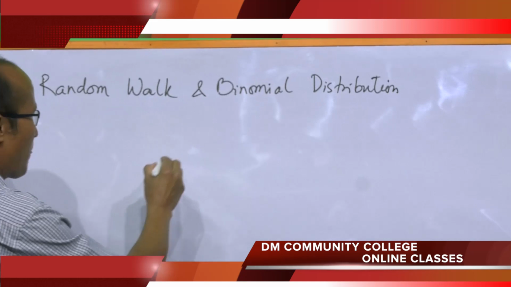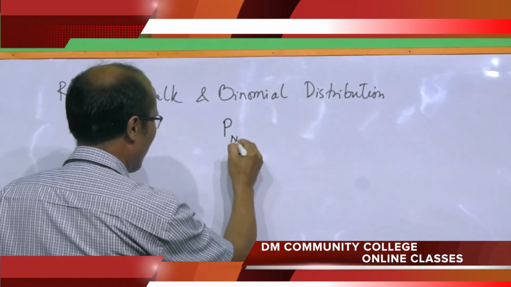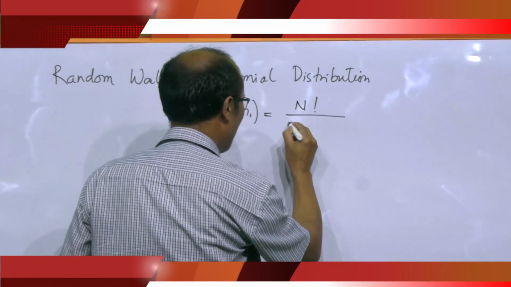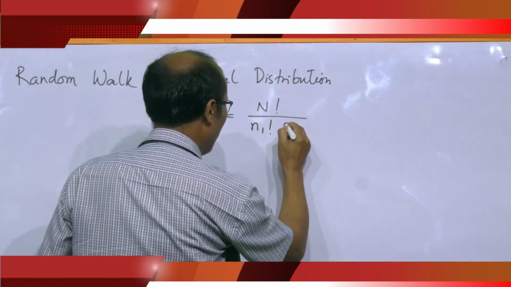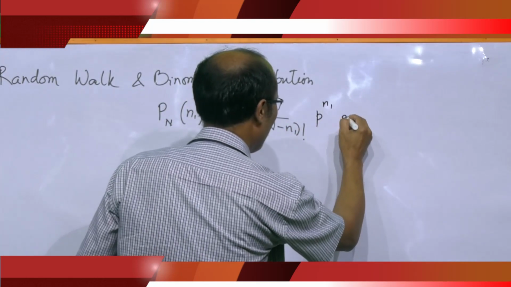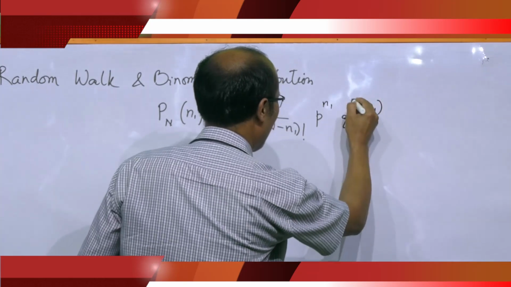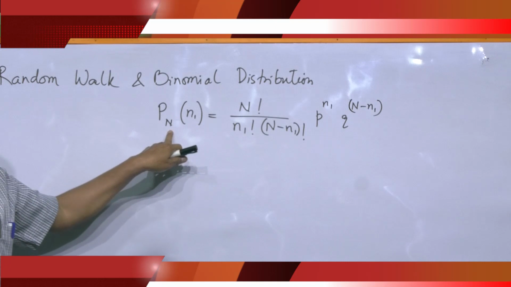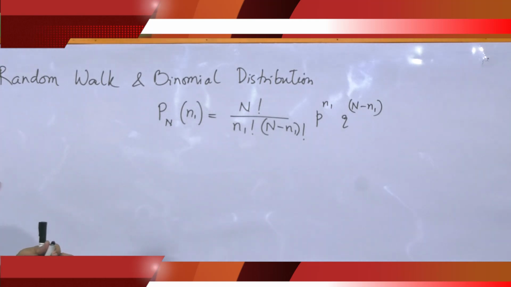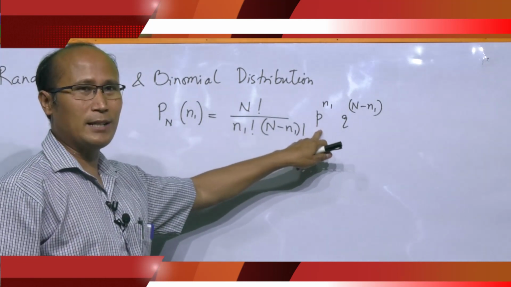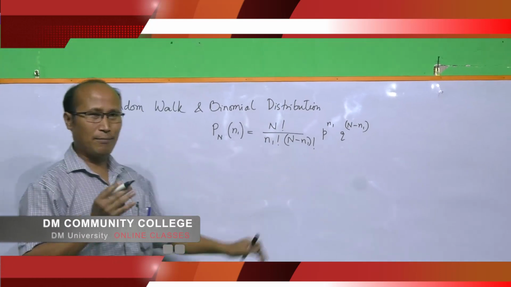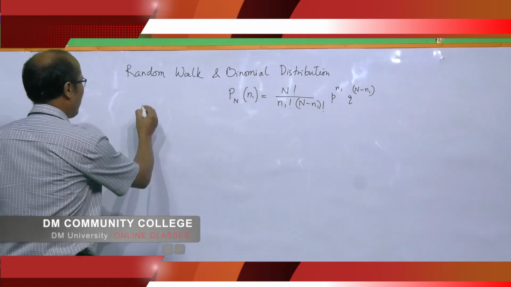We have the binomial distribution: P_N(n1) is equal to N factorial divided by n1 factorial times (N minus n1) factorial, times p to the power n1, q to the power N minus n1, where capital N is the total number of steps taken and n1 is the number of steps taken towards the right, p is the probability of taking a step towards the right, and q is the probability of taking a step towards the left, from any position.